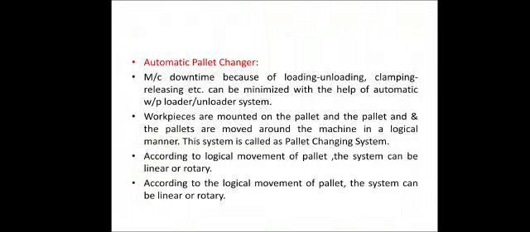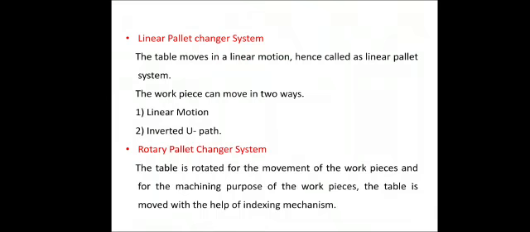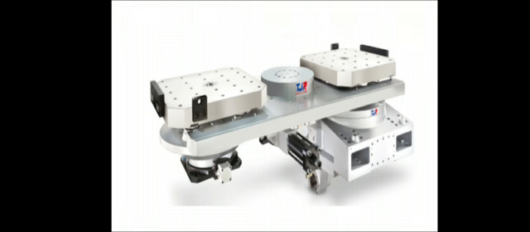Workpieces are mounted on the pallet, and the pallets are moved around the machine in a logical manner. This system is called a pallet changing system. According to the logical movement of the pallet, the system can be linear or rotary. These are shown in this figure.